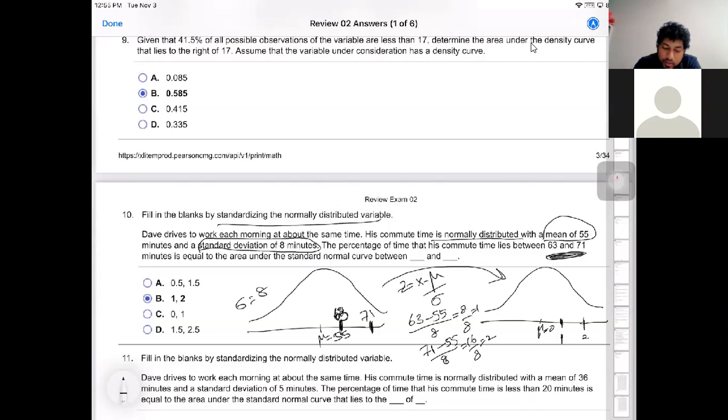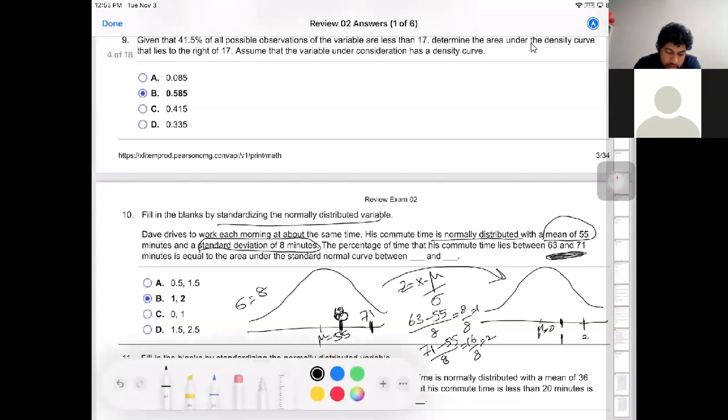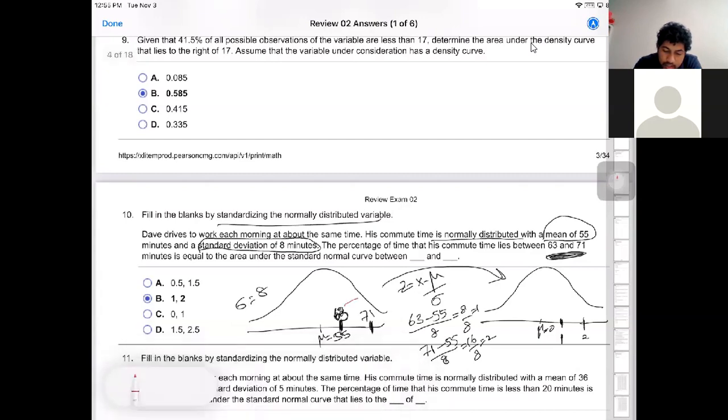So let me draw this using another color. This 63, okay, 63 converts into 1. 71 goes to 2.